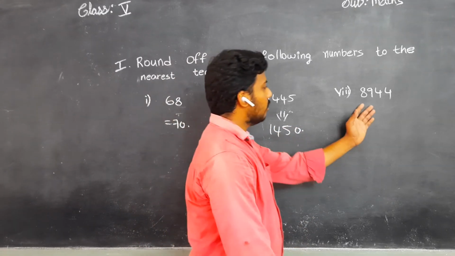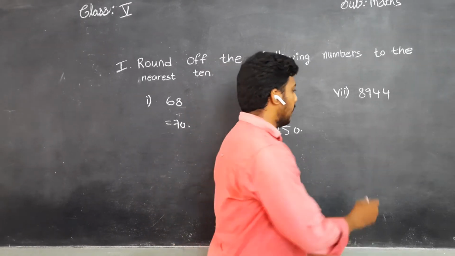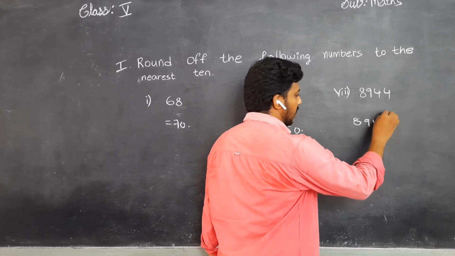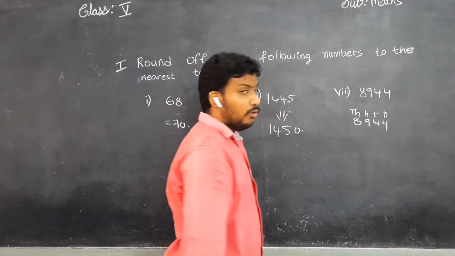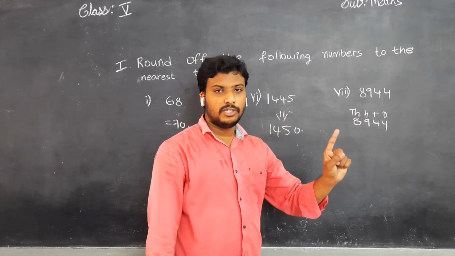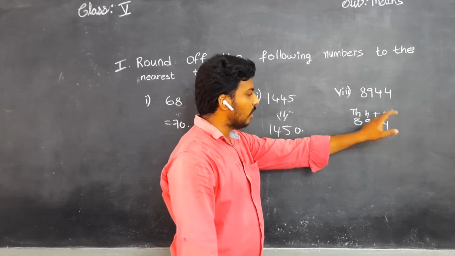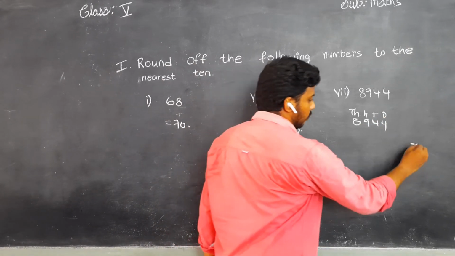Then come to here. They gave the value 8944. Again you take this number and keep the place value system: ones, tens, hundreds, thousands. But you need to look only at the ones position because we asked for the tens. Here in the place of ones the value is 4.